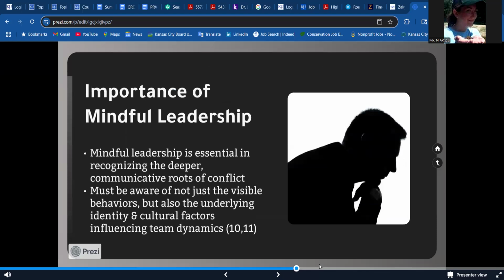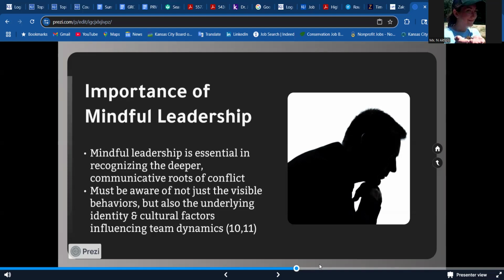So lastly, while unpacking this, we have the importance of mindfulness and leadership. Being a mindful leader is essential in recognizing the deeper communicative roots of conflict, right? A mindful leader needs to understand there are going to be cultural differences. People are going to bring in their different identities and political beliefs.